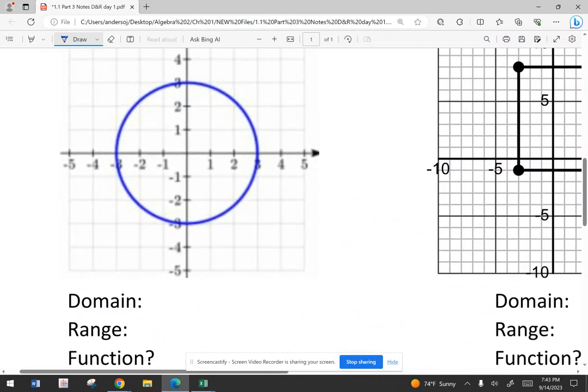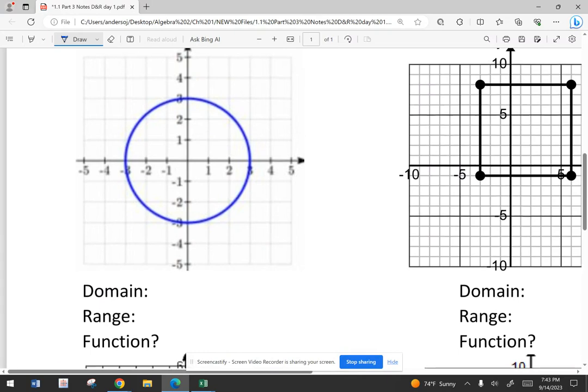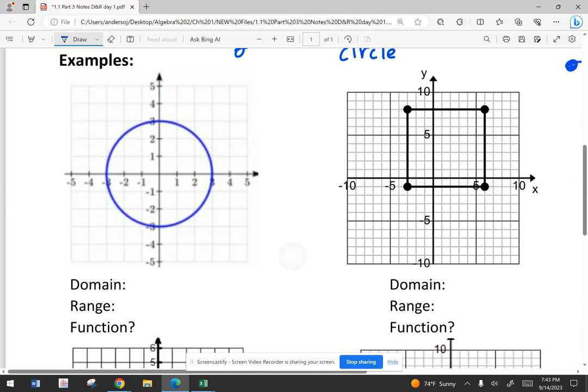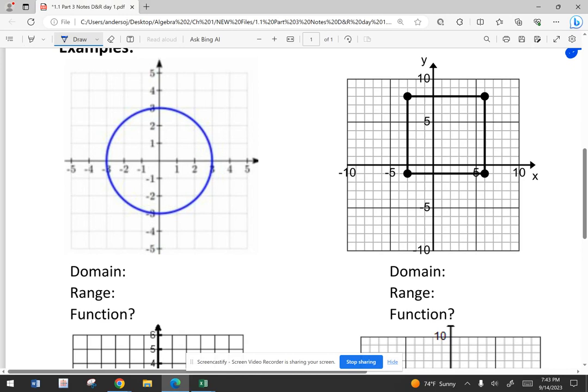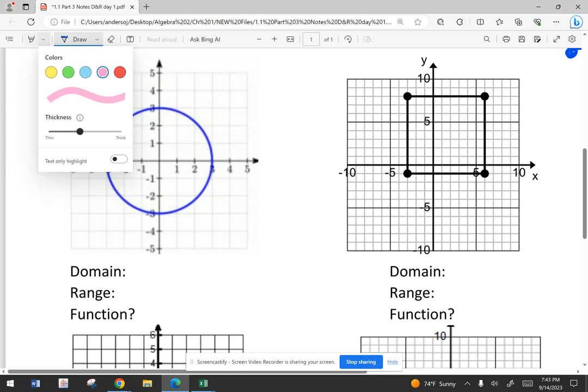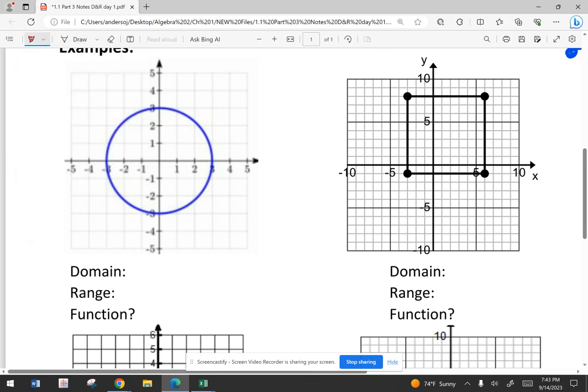What I would recommend is that we take a second and grab a highlighter, or a colored pencil or a marker or a pen of some kind, something other than a pencil, so that you can mark up these graphs and see the line when you're drawing it down. I'm going to use a color, red.